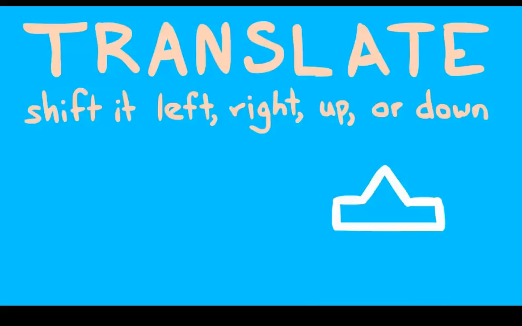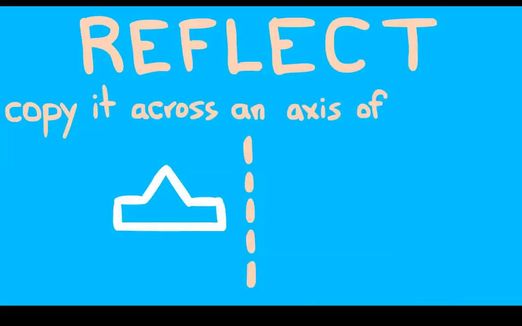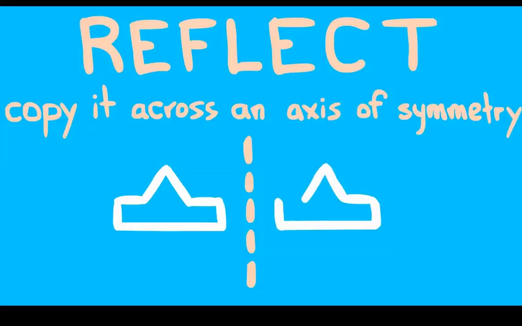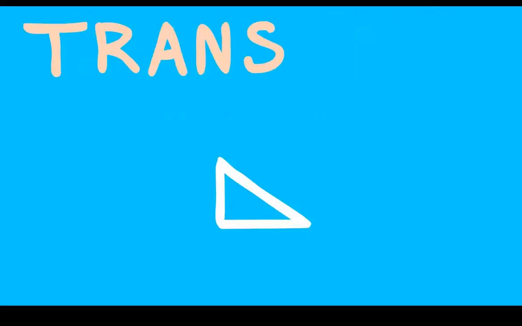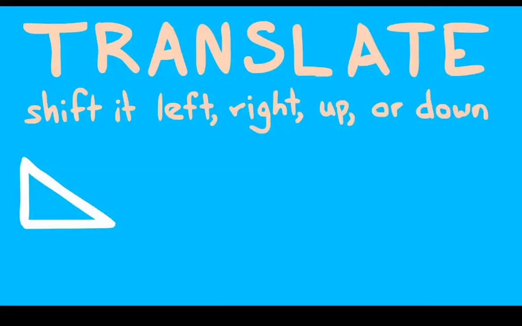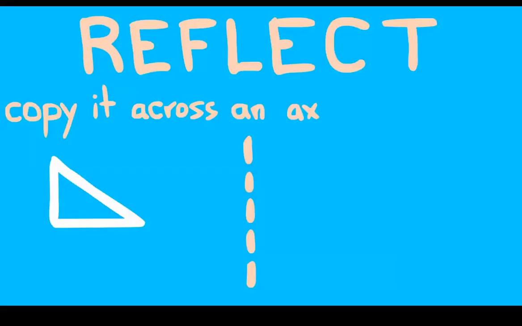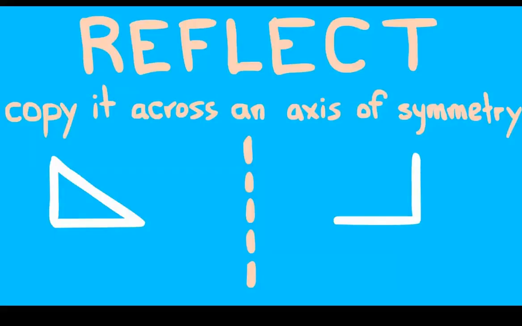Up or down, reflect, copy it across an axis of symmetry. Hey, I got a shape.